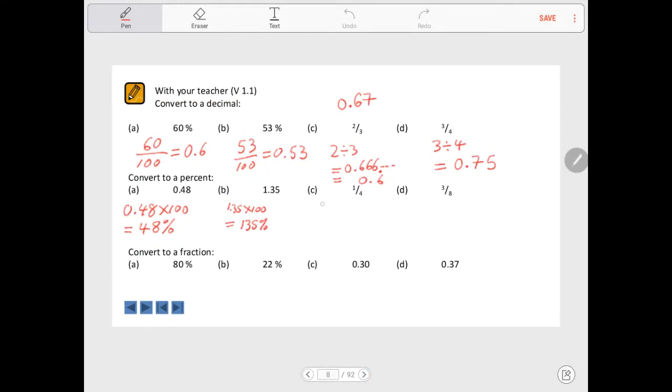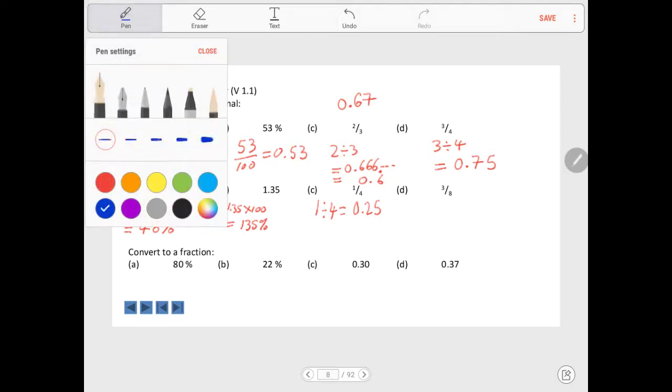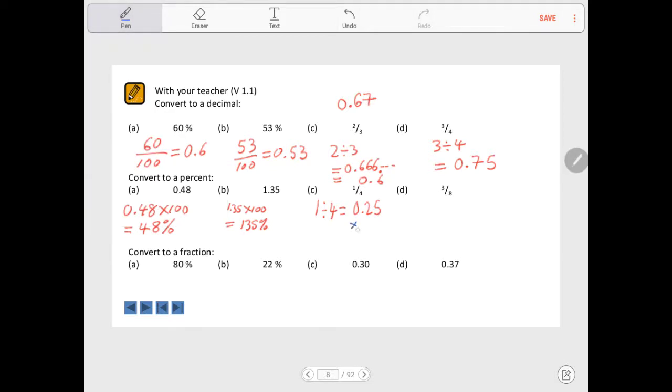So 1 divided by 4. Okay, do you remember that that is 0.25? And then we take that answer and multiply it by 100 to give 25%.